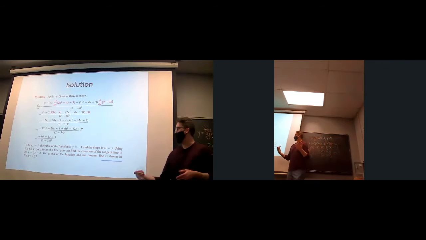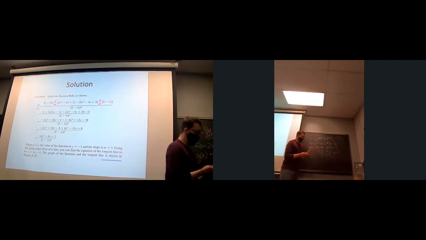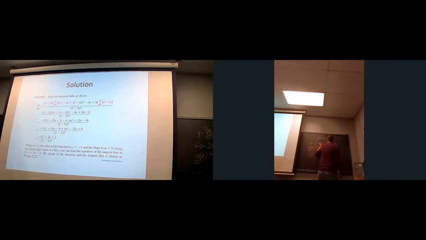Well, it's going to come out to be negative 1. Conveniently, they went ahead and did that for us. So this is going to be our x naught and our y naught, right? So now we've got everything we need to find the equation of this line.